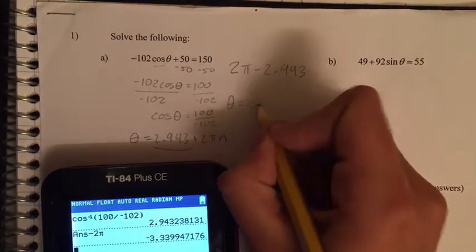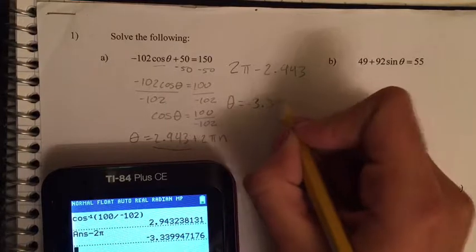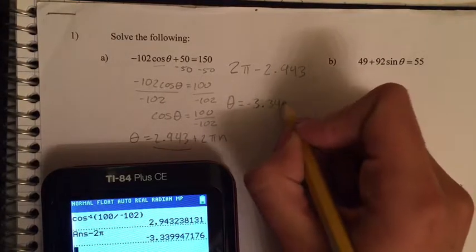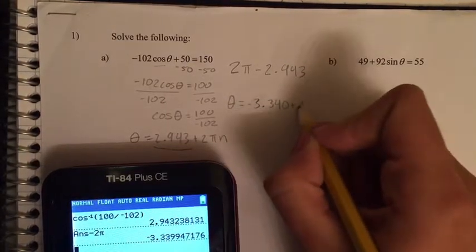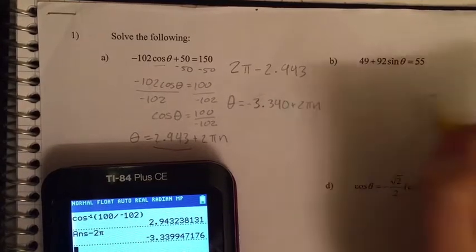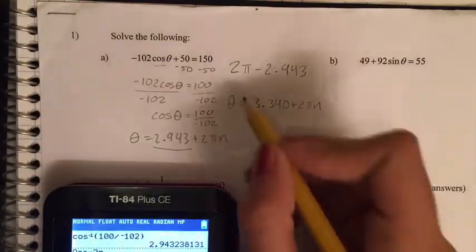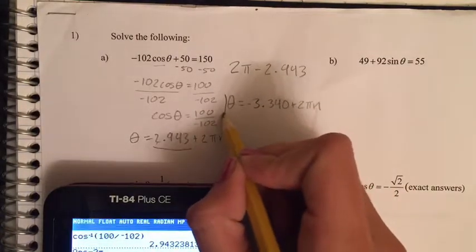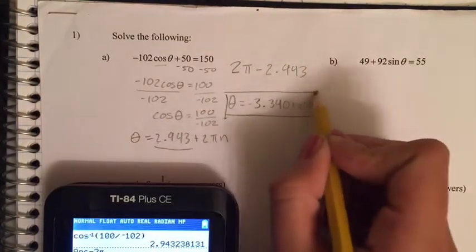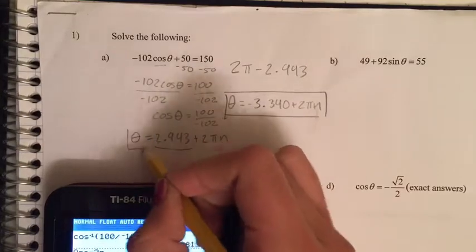And you're also going to want to make sure that this is also with the plus 2 pi n. So now your final answers would be this value and this value.